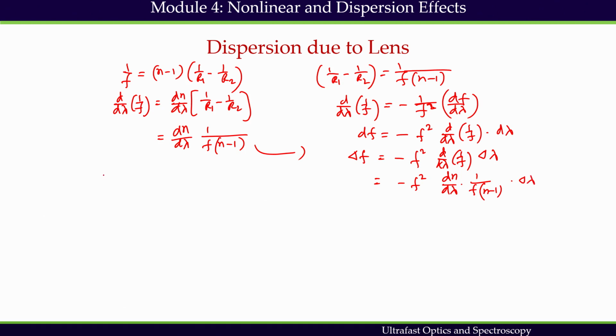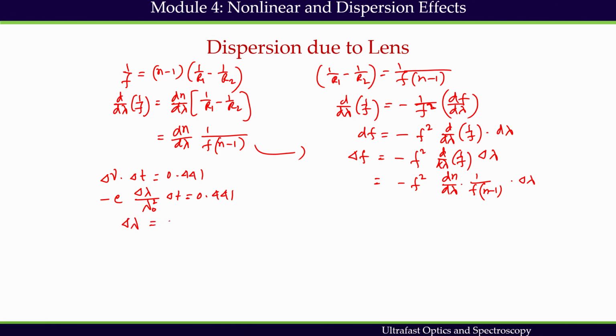Now we know that delta nu multiplied by delta t equals 0.441. That is the time bandwidth product for the Gaussian profile. So this can be rewritten as c delta lambda by lambda naught square multiplied by delta t equals 0.441. We have seen this kind of derivation previously.